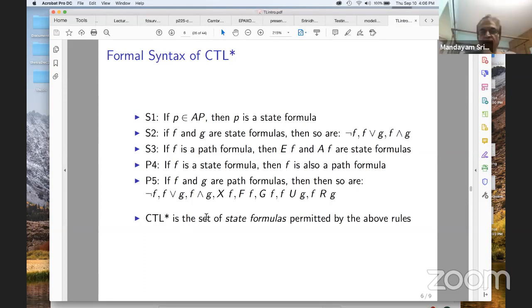For example, this one, X of F. These are exclusively path formulas, because X of F is only defined as a path formula.